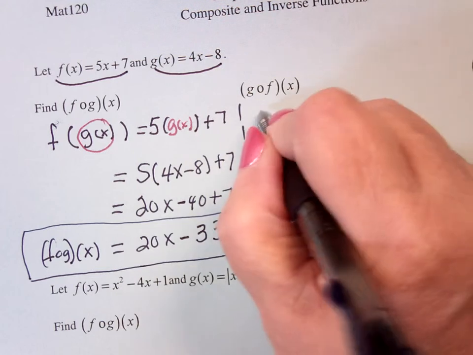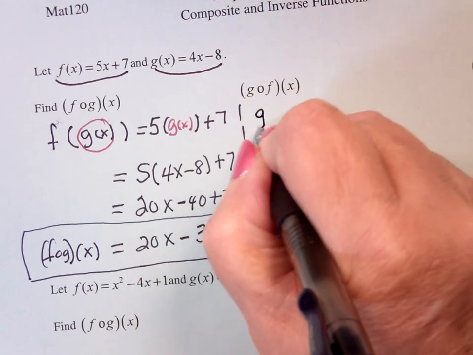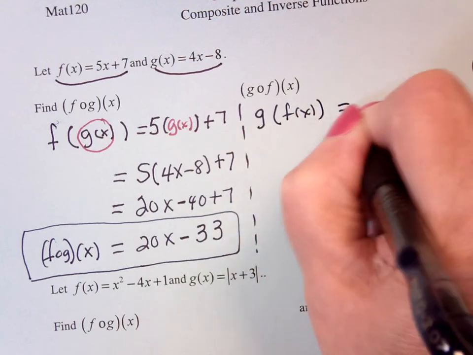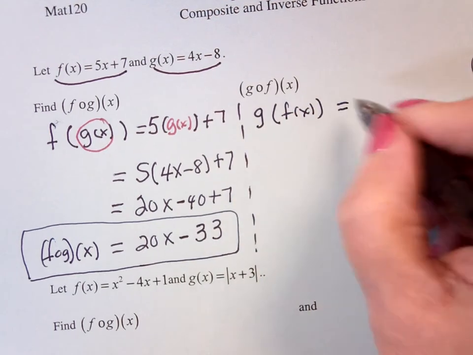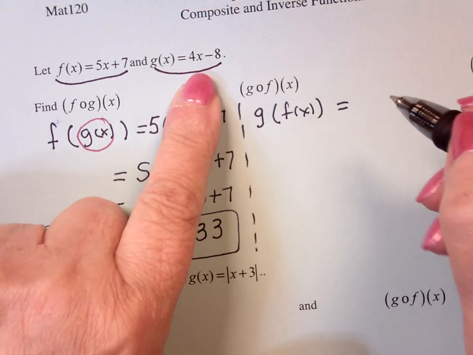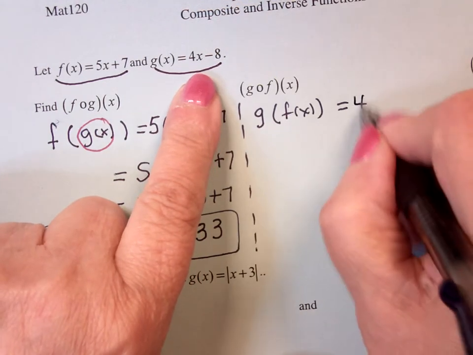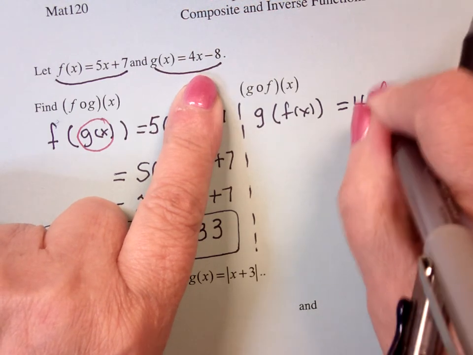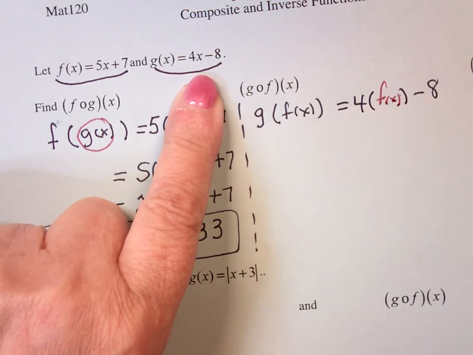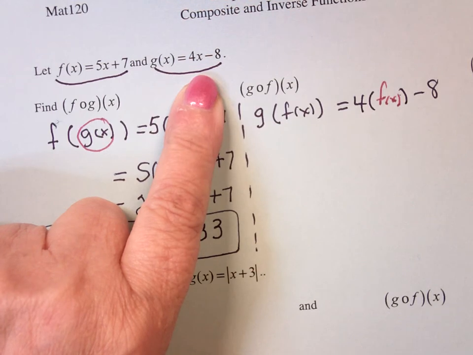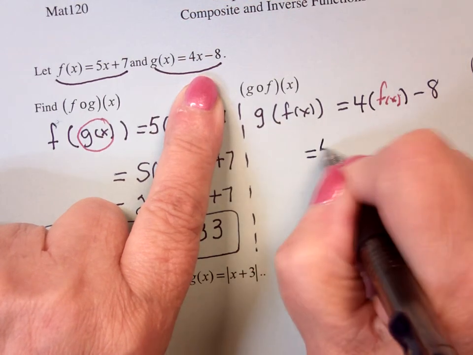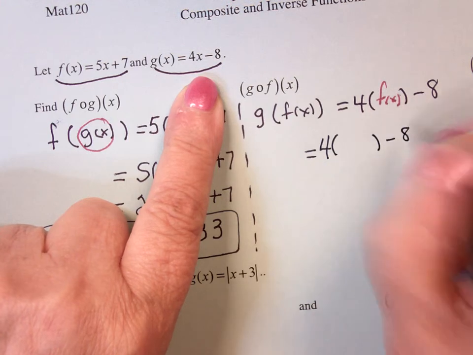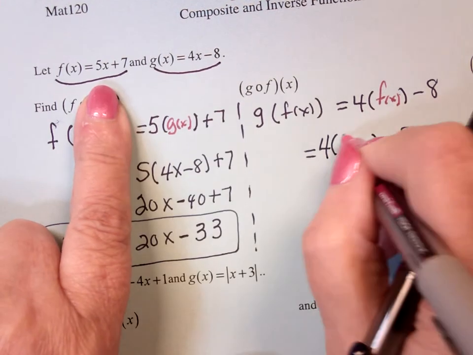Now g o f is g, and you're going to substitute f of x. So that says in the function g, which is 4x minus 8, I'm going to pull the x out, and I'm going to put in f wherever I see an x, which is 4 times f of x minus 8, and I go back, f of x is 5x plus 7.